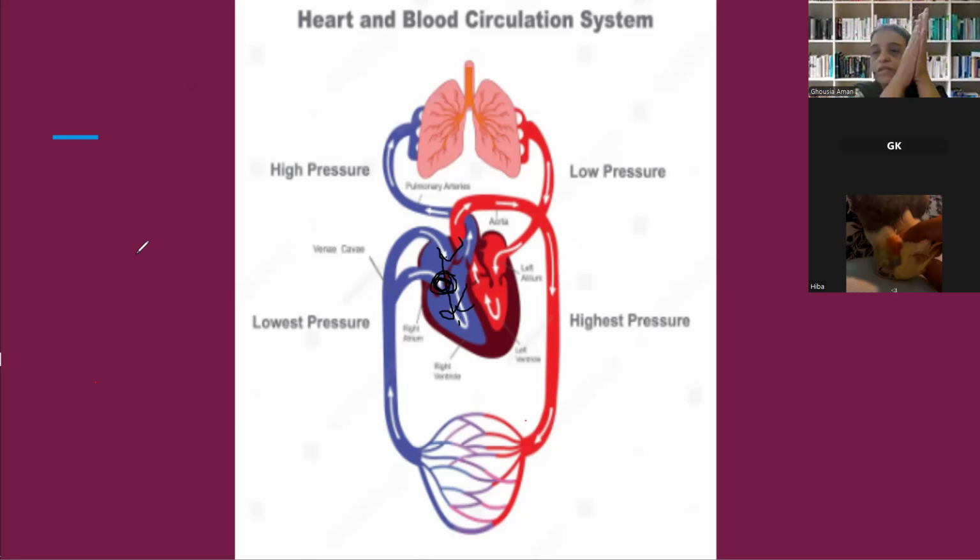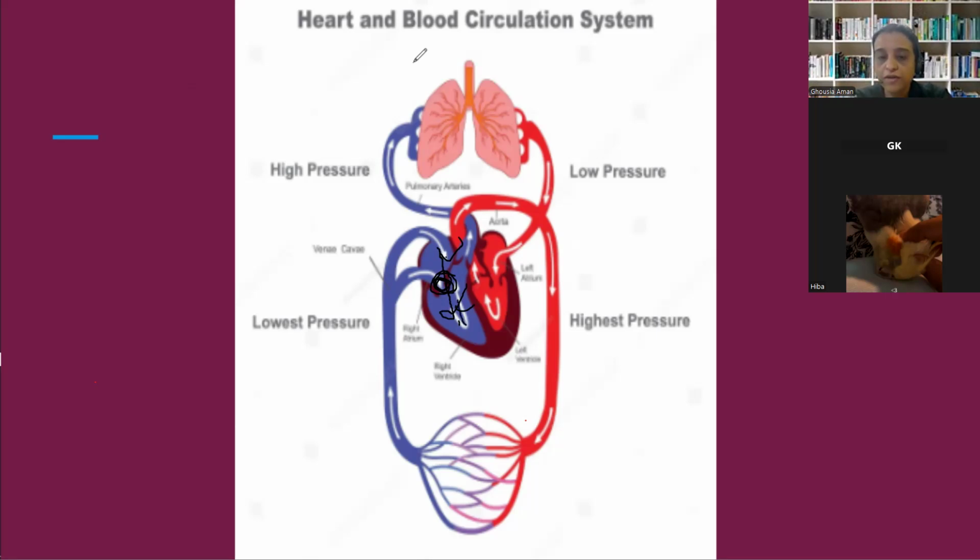So how is the blood pumped at a low pressure from the right ventricle to the lungs? The answer is the right part of the heart is comparatively made up of thin muscles, so they pump the blood gently. Number two, in between the right atrium and right ventricle, there is a tricuspid valve. So the tricuspid valve offers more resistance to the flow of the blood.